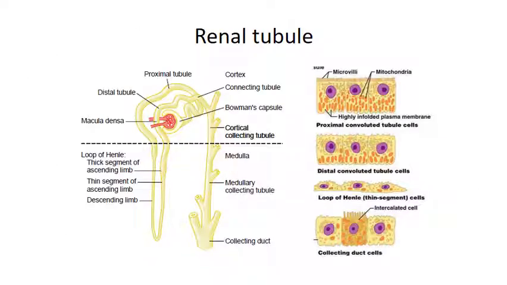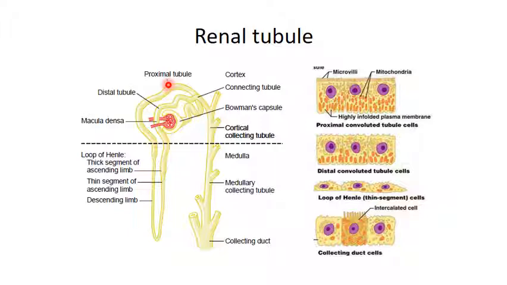Now we'll study the structure of the renal tubule. The renal tubule is the second part of the nephron, which is connected with the renal corpuscle at the urinary pole. So the urinary pole marks the beginning of the renal tubule. The very first segment of the renal tubule is called the proximal convoluted tubule.